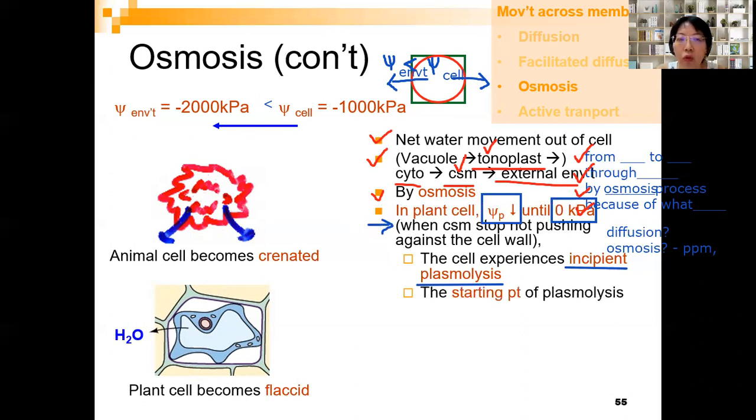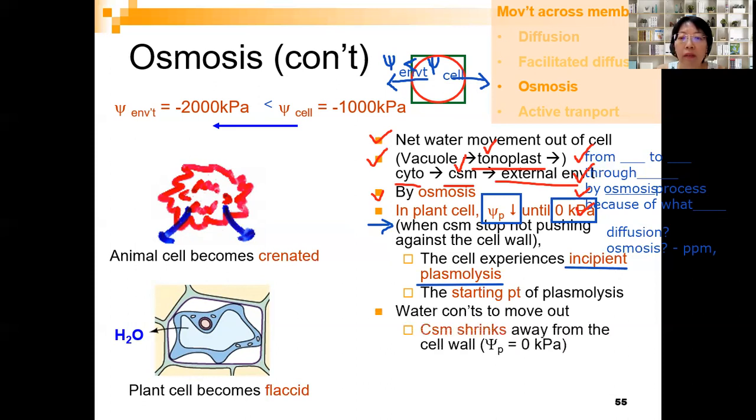When the cells start to shrink away from the cell wall, we consider that the cell is undergoing plasmolysis already. So incipient plasmolysis is considered the starting point of plasmolysis, where psi p is equal to 0. As the water continues to move out from this point onwards, the cell surface membrane will start to withdraw or shrink away from the cell wall.